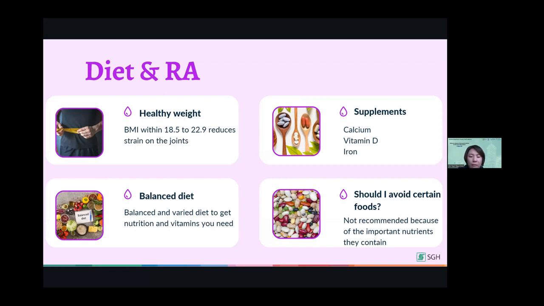Taking a balanced and varied diet to get all the nutrition and vitamins you need to look after your rheumatoid arthritis. Certain supplements are important for people who do not take enough calcium, vitamin D, and iron in their daily diet. These will ensure that they have adequate minerals in their body.